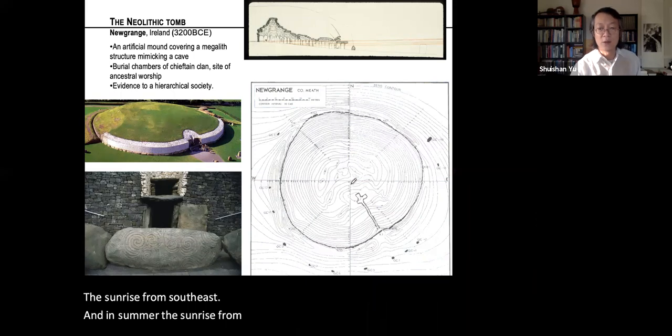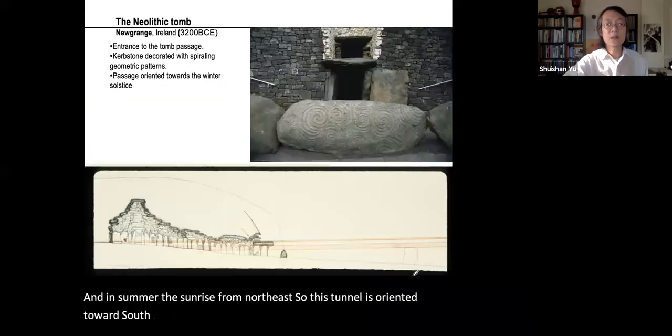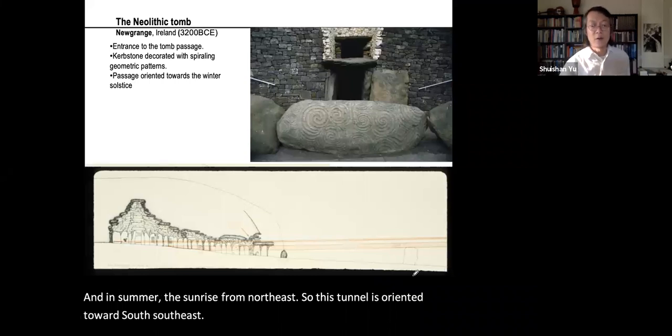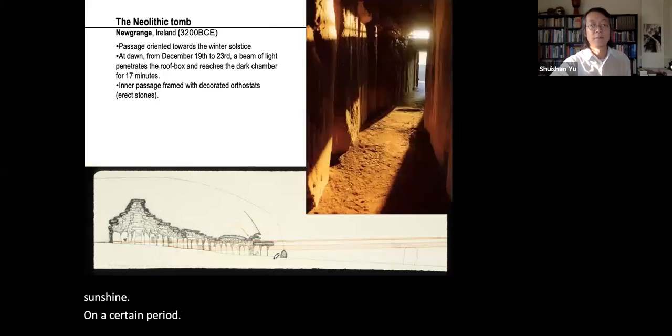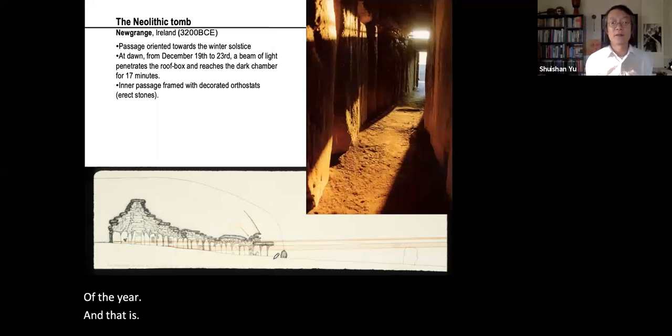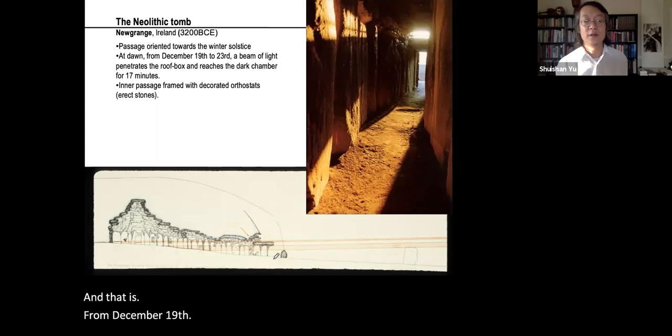So this tunnel is oriented toward the southeast. The tunnel is oriented in a way to frame the first rays of the morning sunshine on a certain period of the year, and that is from December 19th to December 23rd, right around Christmas time.